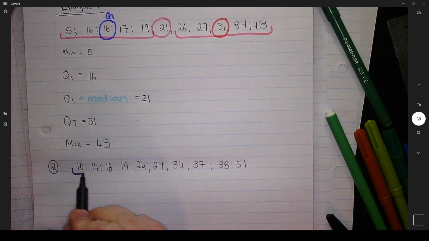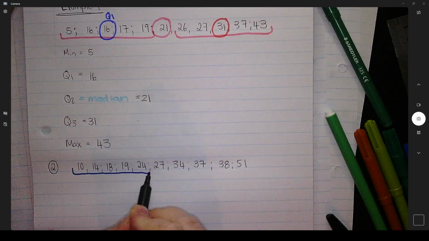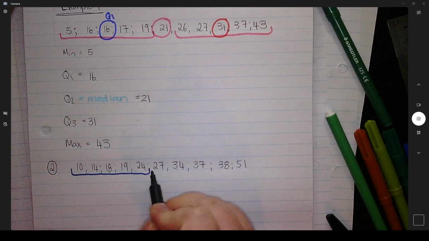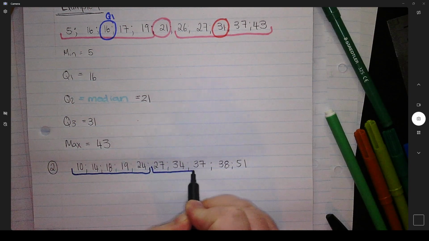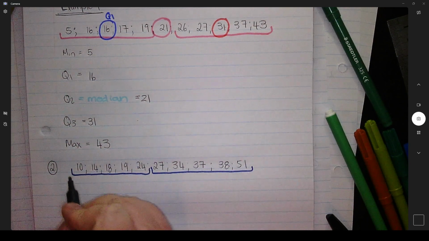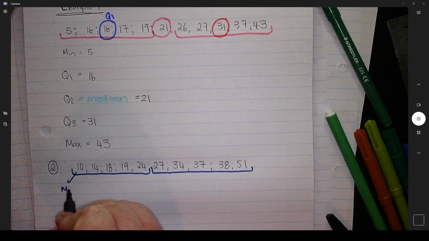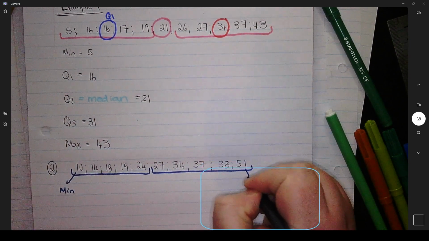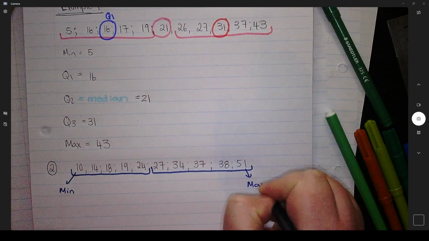That means I have 1, 2, 3, 4, 5 values and 1, 2, 3, 4, 5 values. Okay? My minimum value is obviously 10. My maximum value is 51.